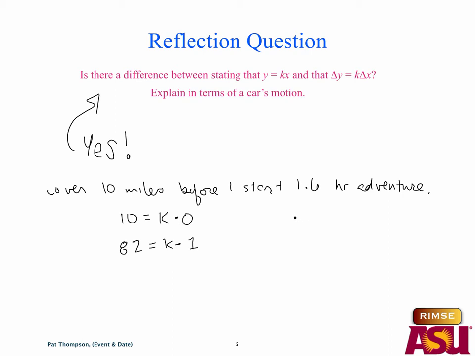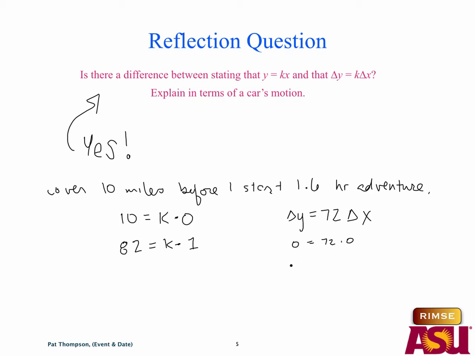Okay, but if we were to talk about the changes, right? So delta y, at the very beginning, we're claiming this relationship, right? Well, at the very beginning of the time period, what is the change in distance? When you start your clock, the change in distance is 0, right? So here we actually get 0 equals 72 times 0.